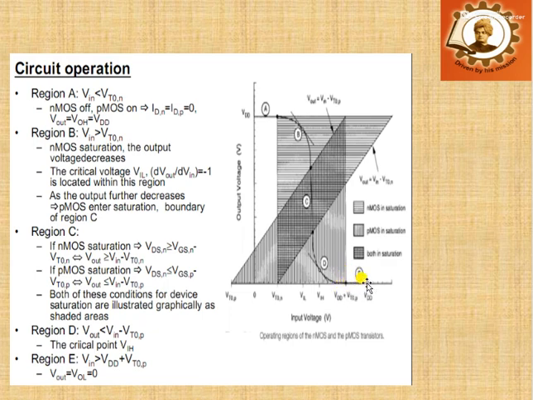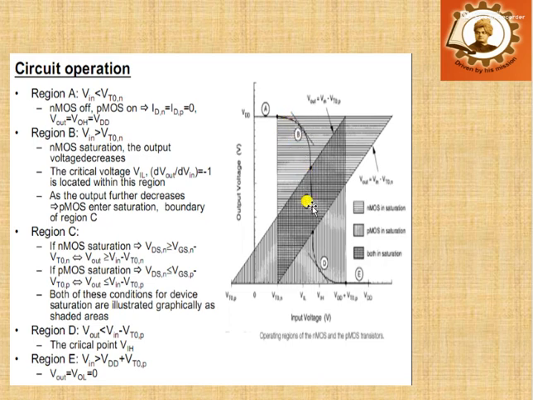So from this VTC curve, we can analyze the operating mode of our NMOS and PMOS. For region A, the NMOS will be in cutoff and the PMOS will be in the linear region. For region B, the NMOS will be in the saturation region and the PMOS will be in the linear region.